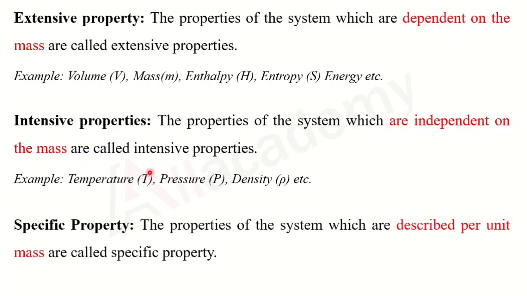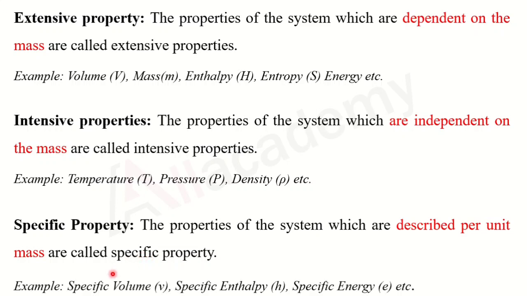Now the specific property can be defined as the properties of a system which are described per unit mass. Examples: specific volume, specific enthalpy, specific energy. In other words, these are properties derived from the extensive properties, obtained by dividing the extensive properties by the mass.